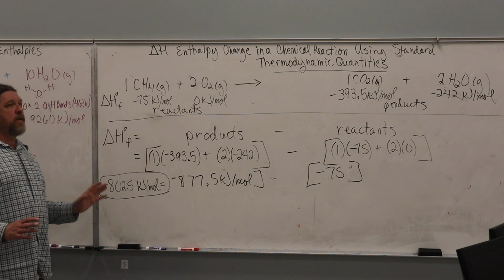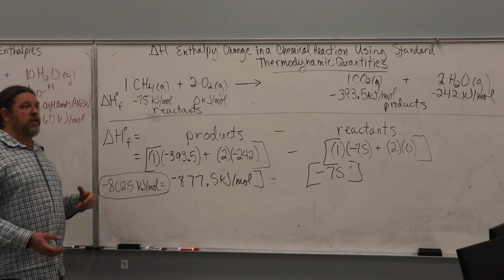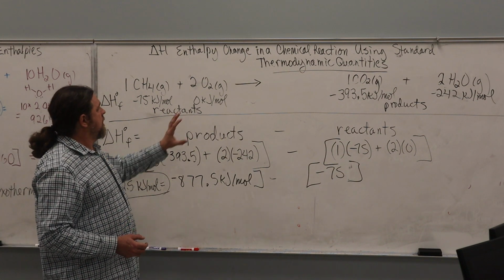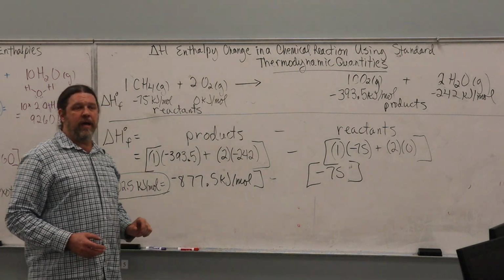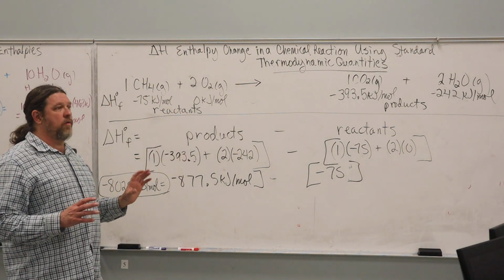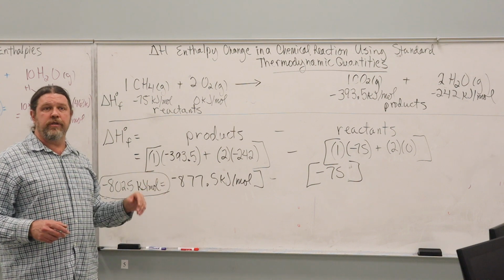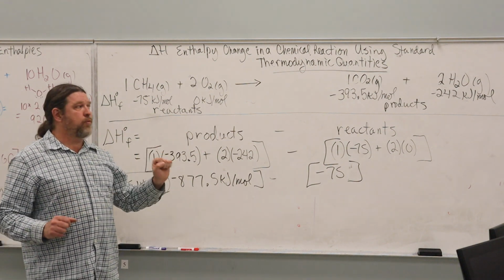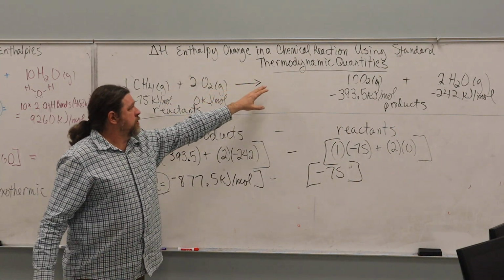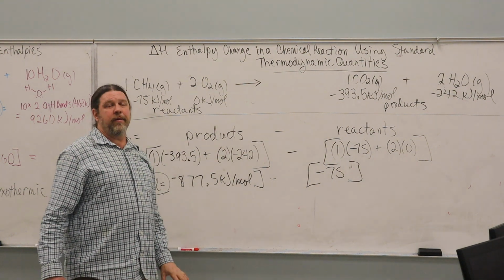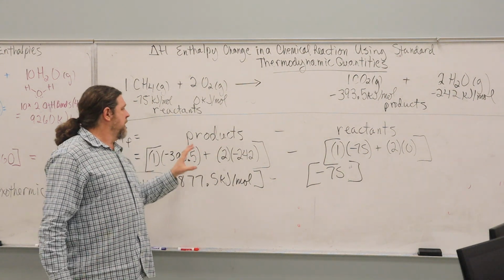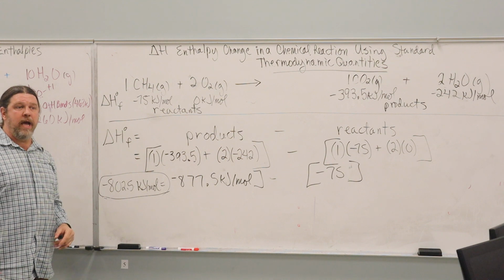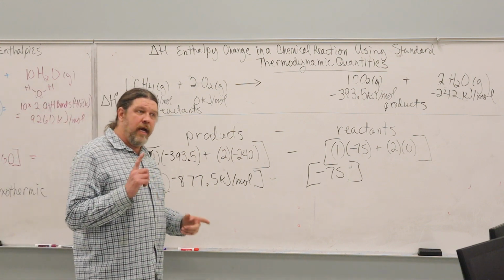So once again, the difference between using the bond energy calculation and standard values from a table is that the bond energy calculation is reactants minus products, whereas using standard thermodynamic quantities from an appendix table is products minus reactants. So what is this actually telling us?